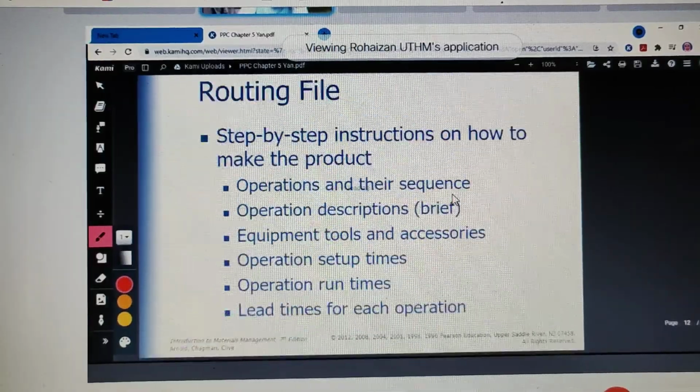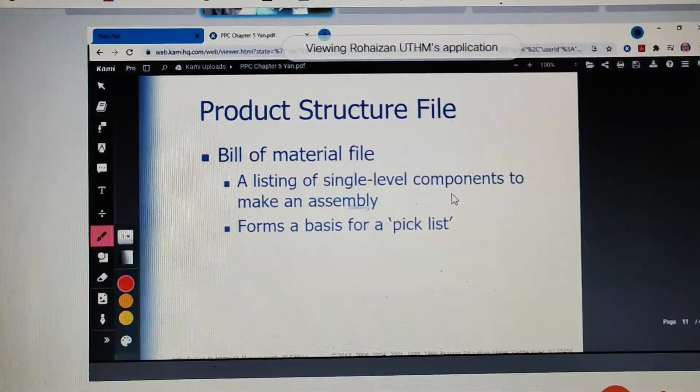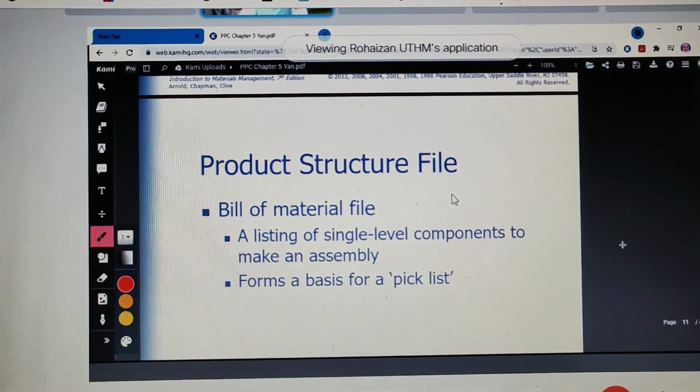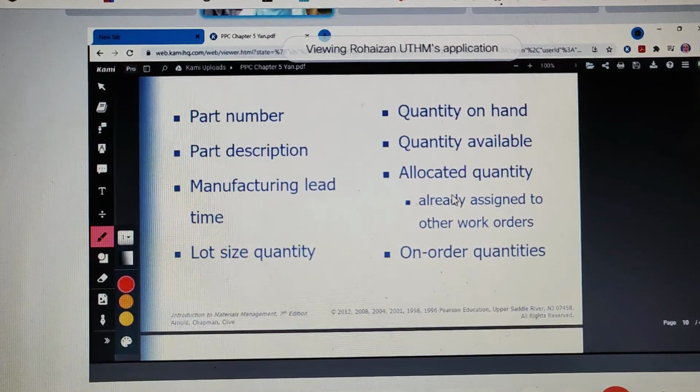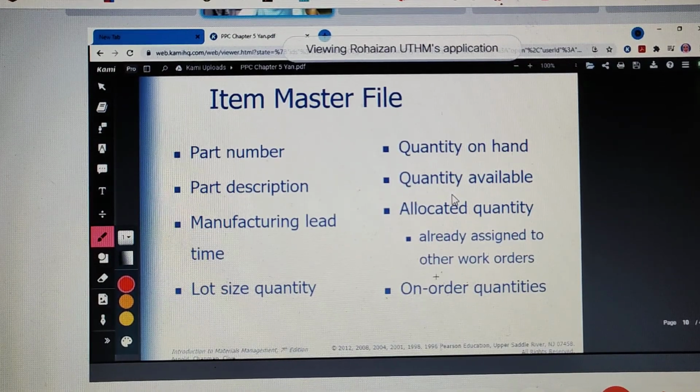This is the file that we need in order to determine the capacity management. First, we have to know the order quantity, and then manufacturing lead time. This is more to move time, queue time, setup time, run time.